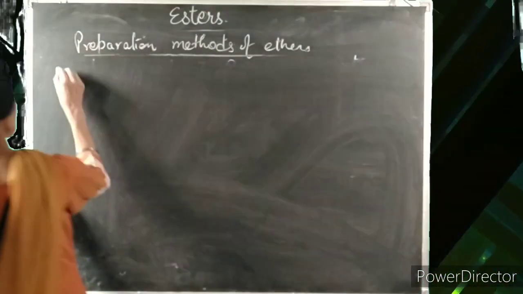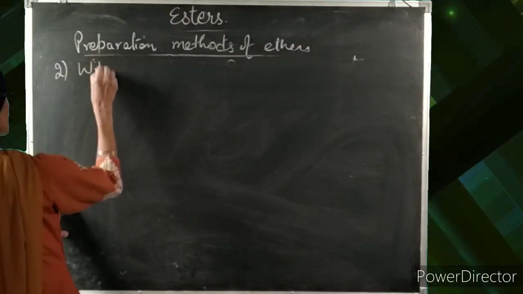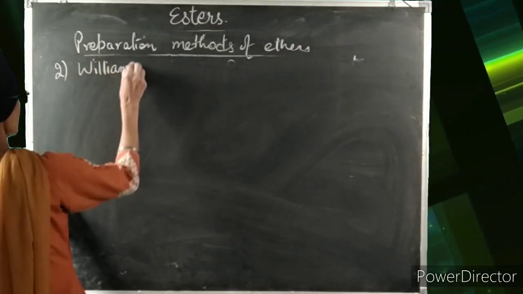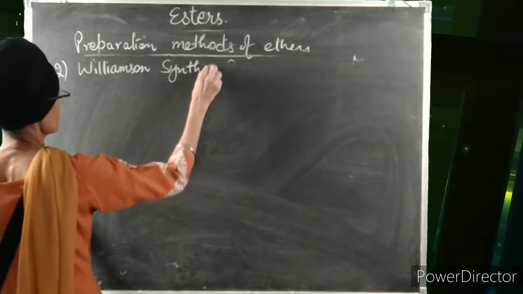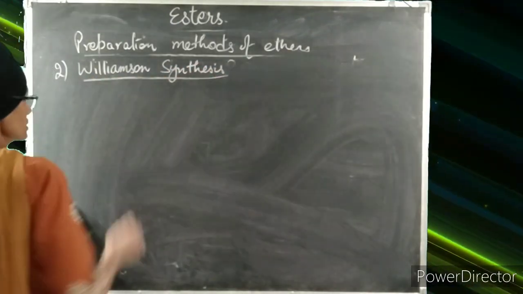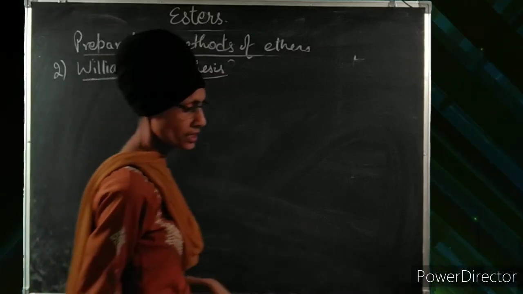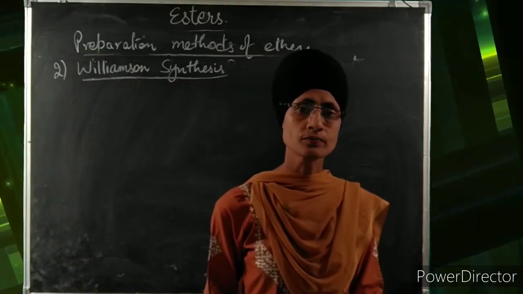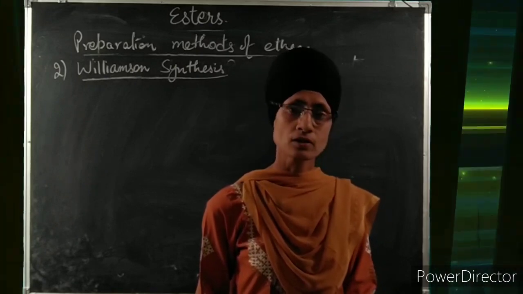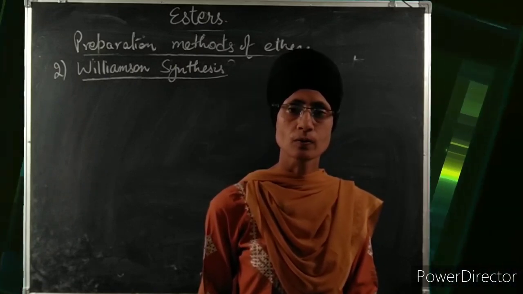Williamson synthesis is a very important reaction for the preparation of ethers. It is a reaction between a haloalkane molecule and a sodium alkoxide molecule.